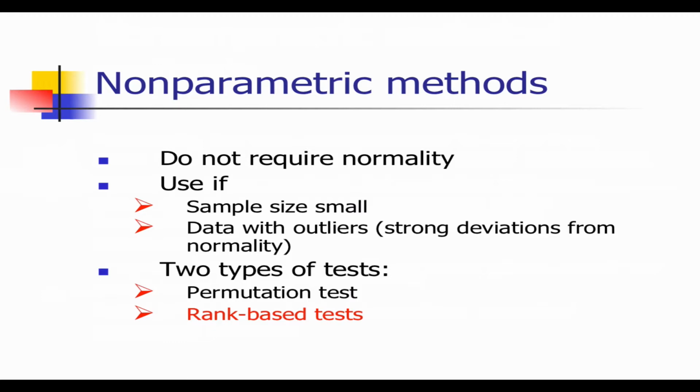Because remember, most of the time when we talk about comparing means of two distributions, we require that the sample size be big or the data be normally distributed. So if neither of those is satisfied, what should you do? That is the situation where you can consider using a non-parametric test alternatively.